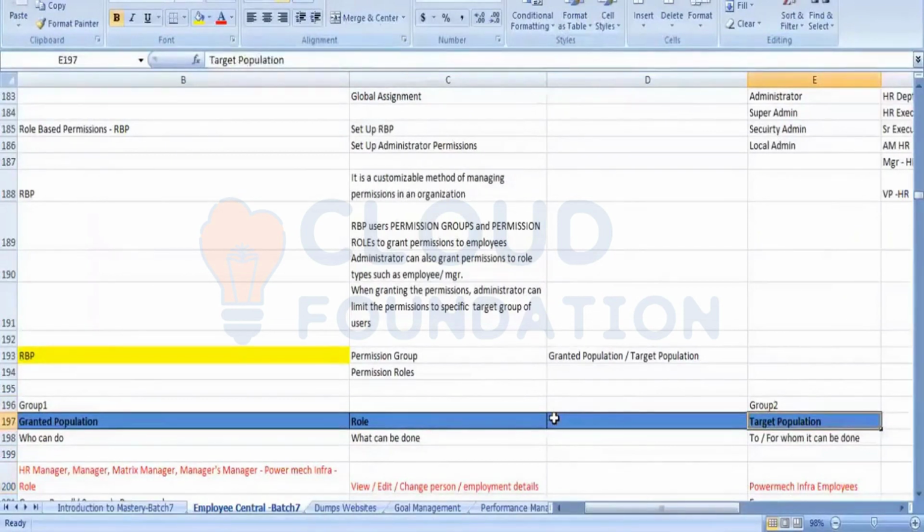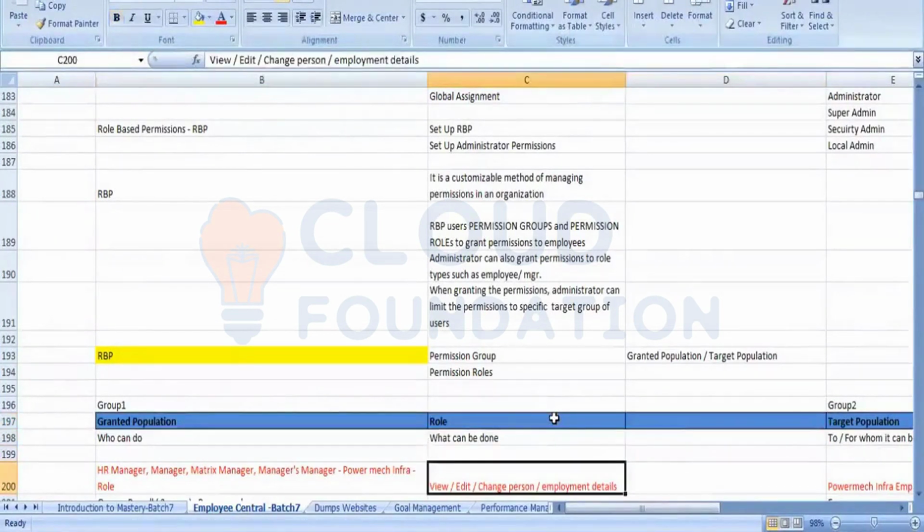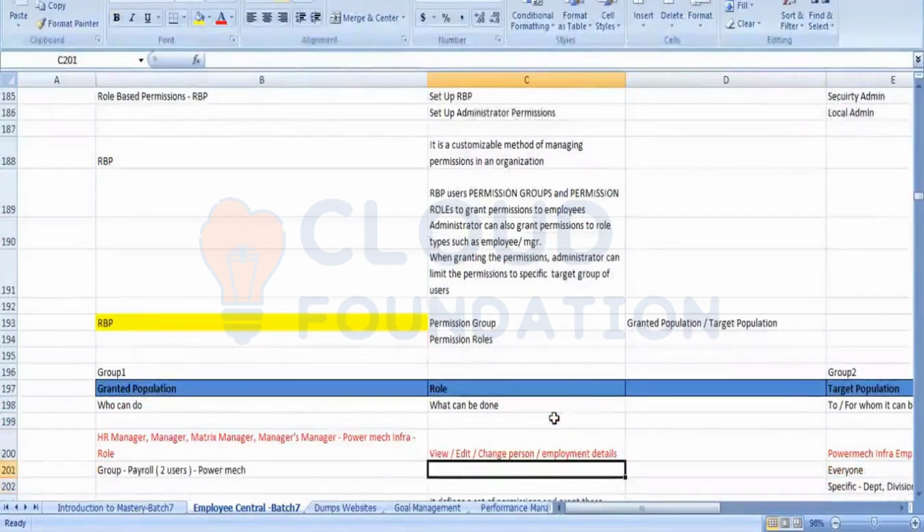And for doing the changes, he is being nominated. So he will act as a granted population. And what changes will he be doing? He can view, he can edit, he can modify, all these changes he can do from his side.